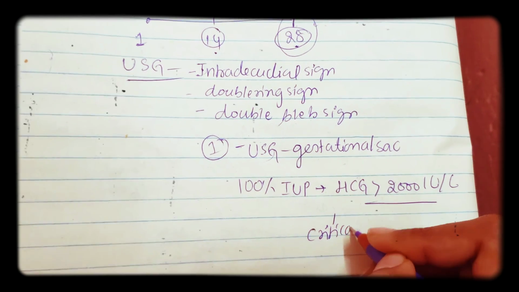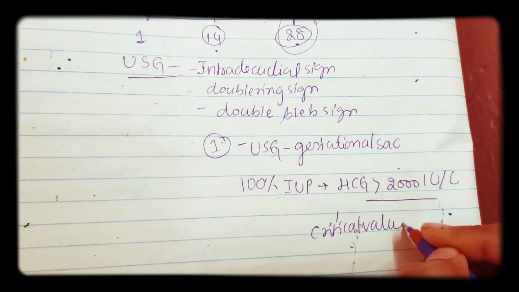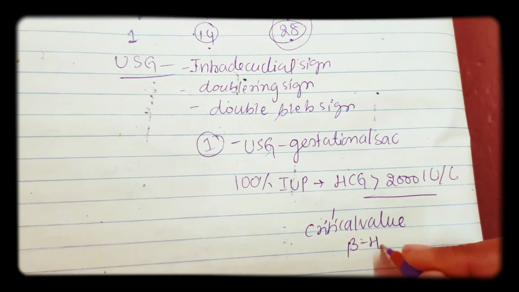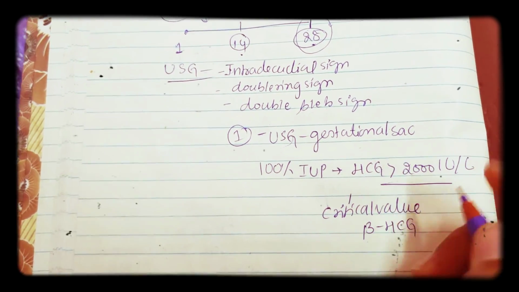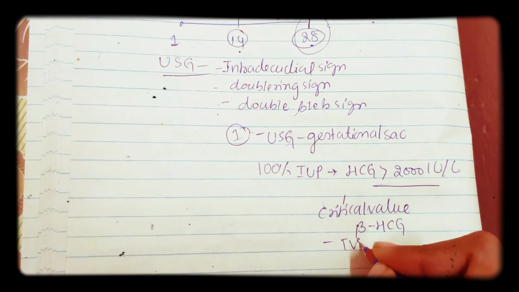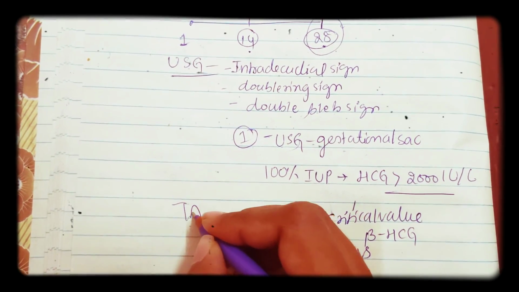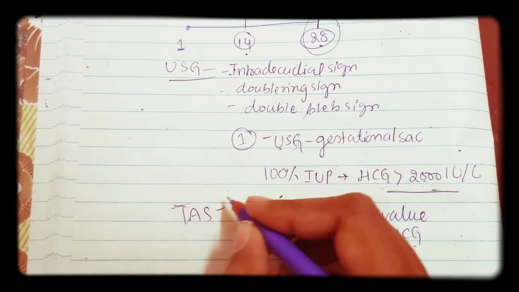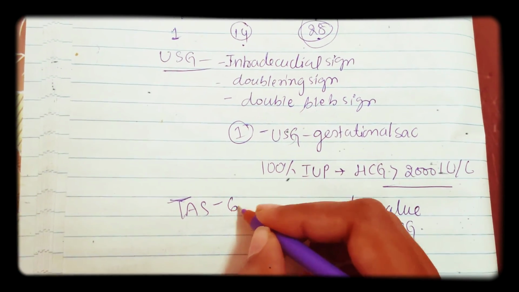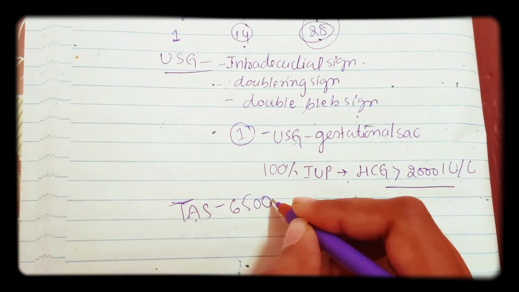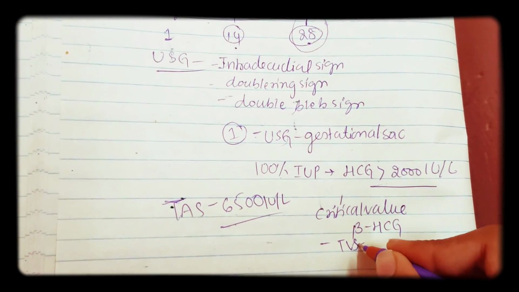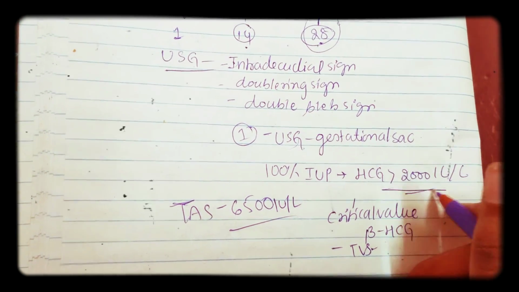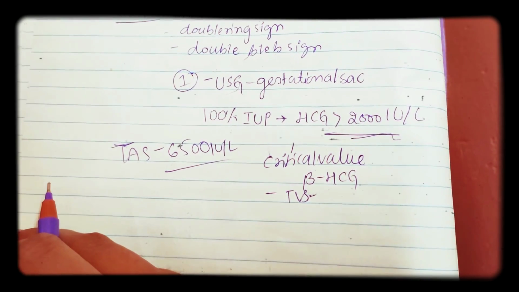It's a critical value of beta HCG in TVS. But if you want to see the same in TAS, that is in abdomen sonography scan, then it is about 6500 IU/L. Here it is around 2000. These are important values for HCG.